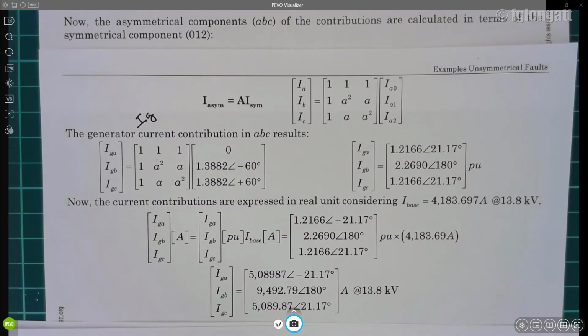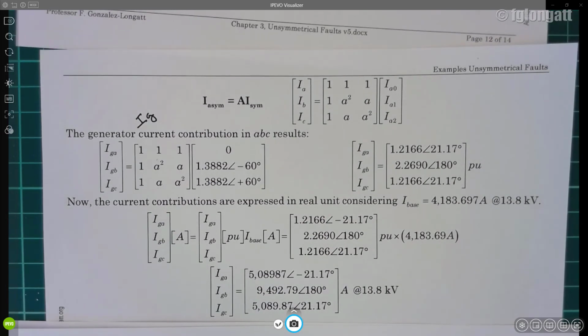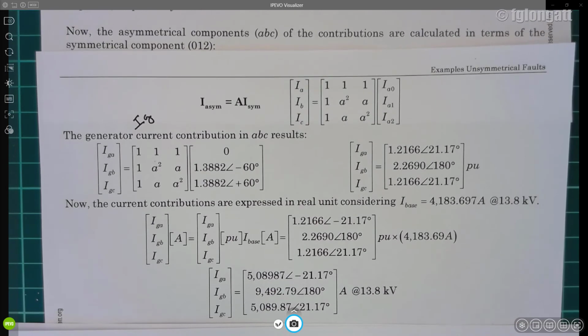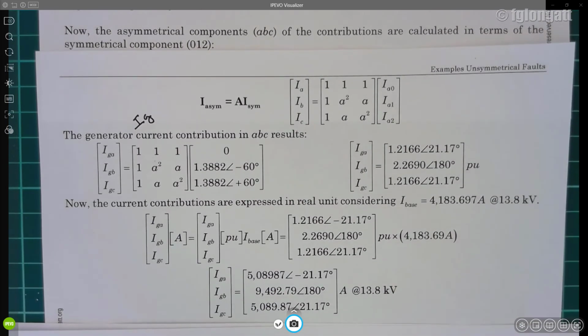To calculate the amps is extremely simple. What we need to do is multiply by the base, and I clarify that the base was calculated in example 3.1. My students must also remember that that current was calculated considering the 13.8 kV area, because bus bar number 2 is located at that place.